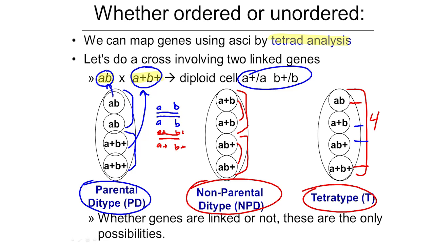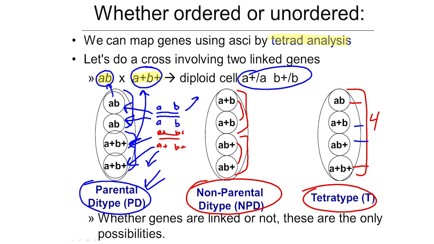And what I want you to see from this is, if no crossing over occurs at all, then little a and little b are going to travel together. A plus and B plus are going to travel together. And what that means is they're going to end up right there in that ascus. Only the 2 types, the parental types. So when you see a parental ditype, that means that no crossing over occurred. To make that type of an ascus, all those are parental types.